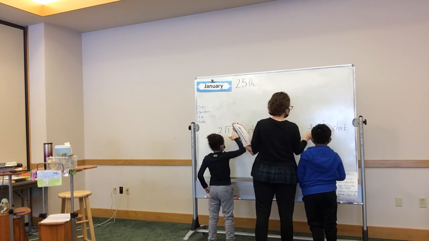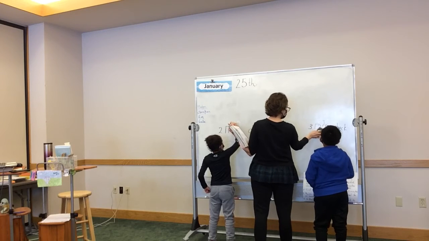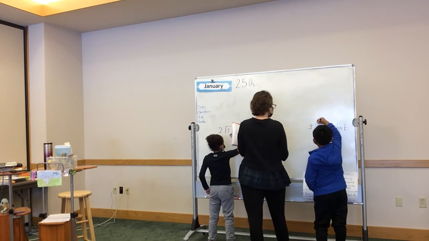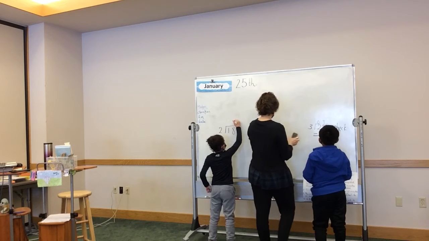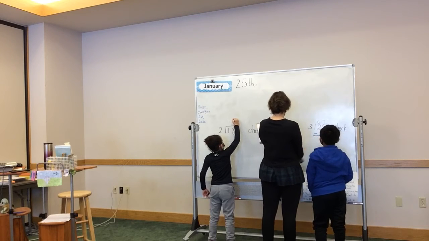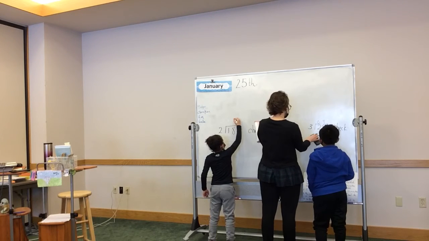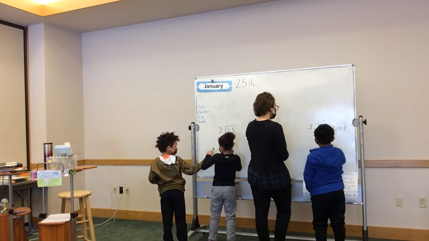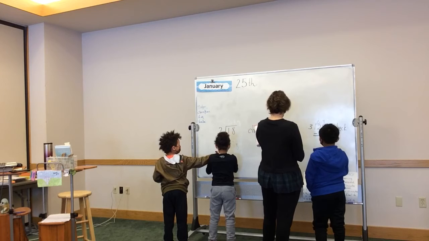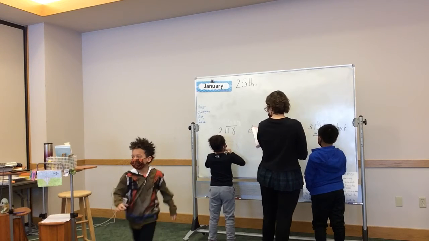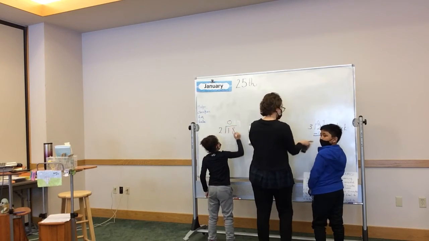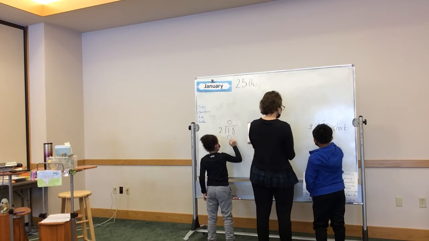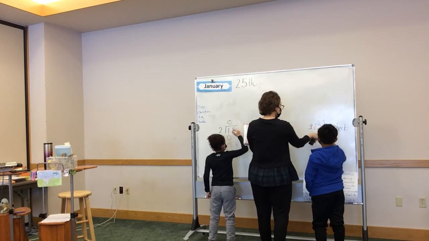All right, so 3 cannot be divided into 2, so that is a 0. Okay, so then you take down the what? What is 2 minus 0? Yes, 2. So you take 2 down. And then you take down the 7.